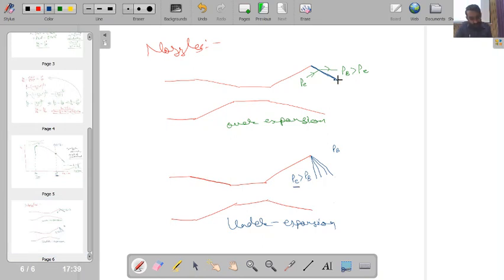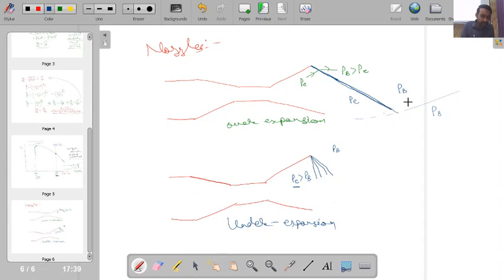So ultimately here, this normal shock wave will keep on expanding. Behind the shock wave I will have pressure PE, and after the shock wave I will have pressure PB, and far away everywhere I will also have pressure PB, say atmospheric pressure. So this shock wave is extending.